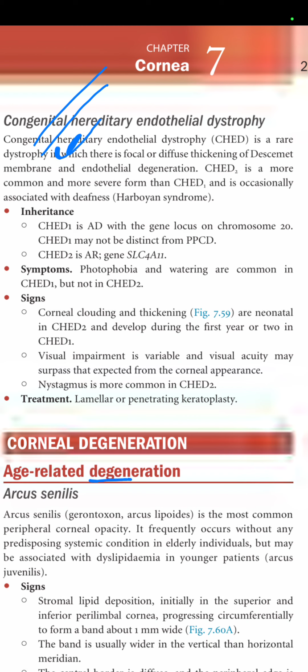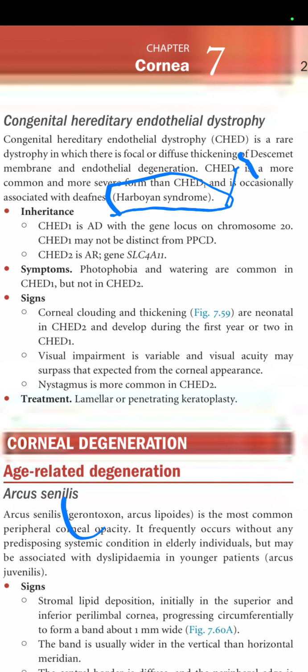CHED2 is a more common and more severe form than CHED1 and is occasionally associated with deafness, Harboyan syndrome. So CHED2 is associated with the deafness syndrome called Harboyan syndrome. There will be CHED1 and CHED2. CHED1 is autosomal dominant with gene locus on chromosome 20.